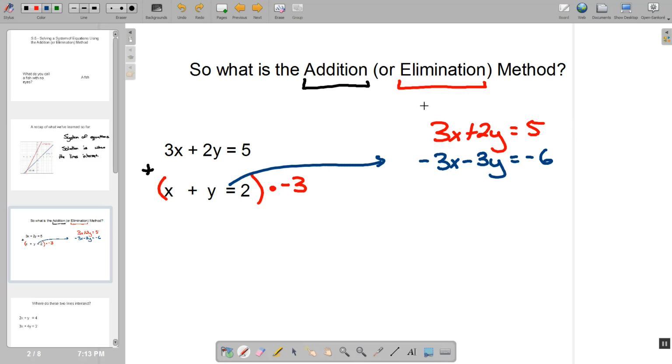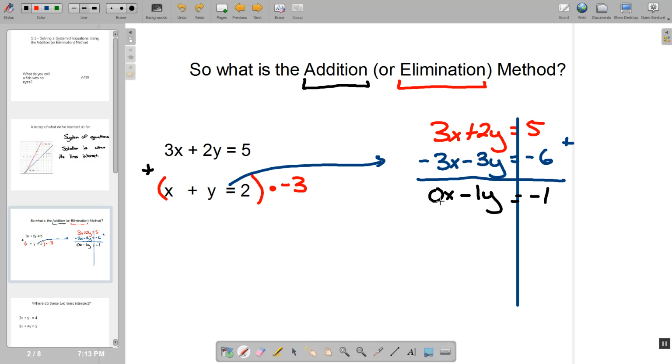Now what we have is this equation just rewritten, and we are going to go back to the addition method. If we did it right, one of our variables should be eliminated. And there's why we have the 2 names. So if I draw a line down our equal sign, just to help me keep track, 3x plus a negative 3x is 0x, which is good. That's what we want. 2y plus a negative 3y is negative 1y. And finally, 5 plus a negative 6 is negative 1. Because we did it successfully, we eliminated our x's. 0 times x is always 0 and can be ignored.